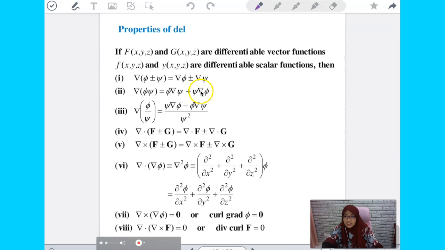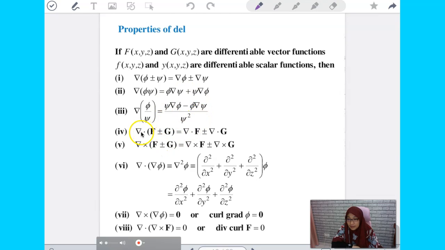This actually looks just like the product rule: phi grad psi plus psi grad phi. And this one, division, looks like the quotient rule.